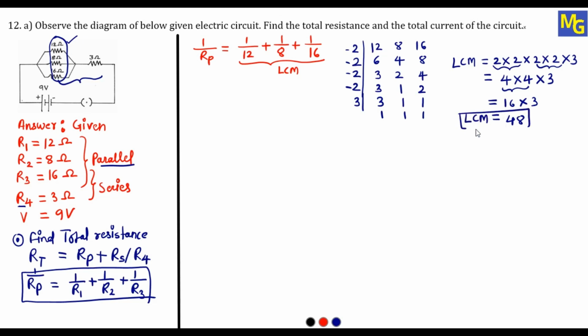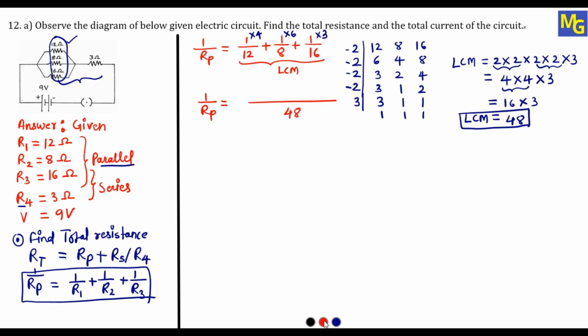Now substitute this LCM into our sum. So I'll write it here. 1 by RP is equal to, write down the LCM 48. Now you can see 12, how much is 48? 12 ones are 12, 12 twos are 24, 12 threes are 36, 12 fours are 48. Then 8, how much is 48? 8 sixes are 48. And 16, how much? 16 threes are 48.